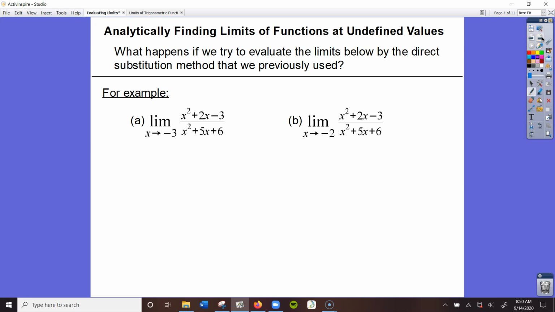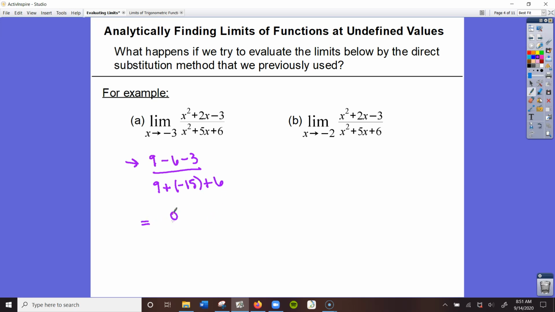Now, if the substitution does not work, so for example with these two here, we're going to just try plugging in the numbers and see what happens. Okay, so if I were to plug in x is approaching negative 3 into x squared plus 2x minus 3 over x squared plus 5x plus 6, we would get negative 3 squared, which is 9, plus 2 times negative 3, which is negative 6, minus 3, over negative 3 squared, 9, plus 5 times negative 3, which is negative 15, plus 6.